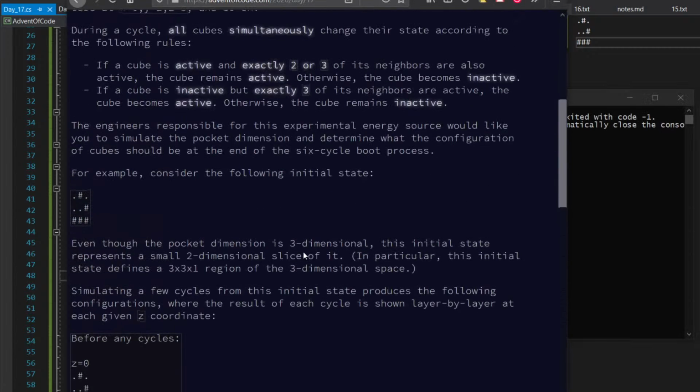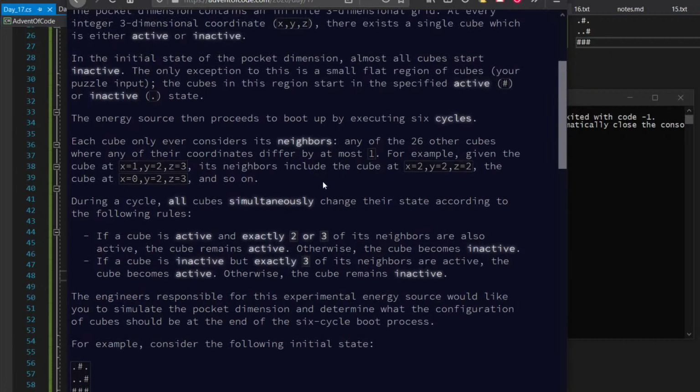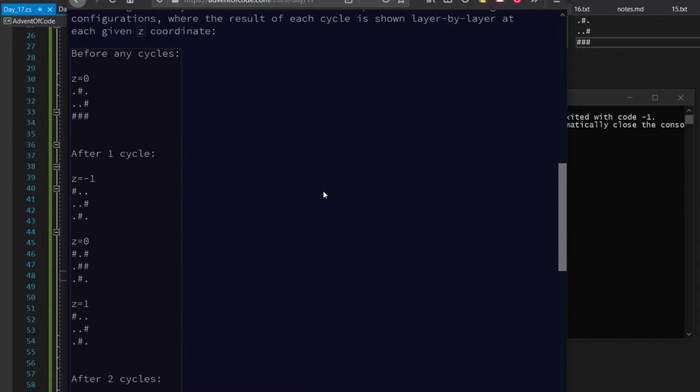Let's look at this. How are we supposed to expand? Each cube only considers its neighbors, any of the other, and so on. Even though the pocket dimension is 3-dimensional, it's 3 by 3 by 1. After one cycle, we only expand by 1 dimension?